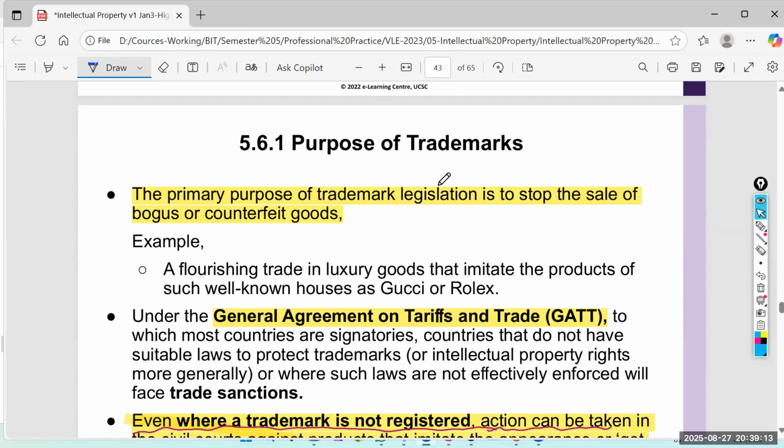Again, trademarks are covered by the intellectual property laws of respective countries. At the same time, there are common agreements about trademarks, because trademark issues can go across countries. Maybe someone in Sri Lanka starts a company called Microsoft.